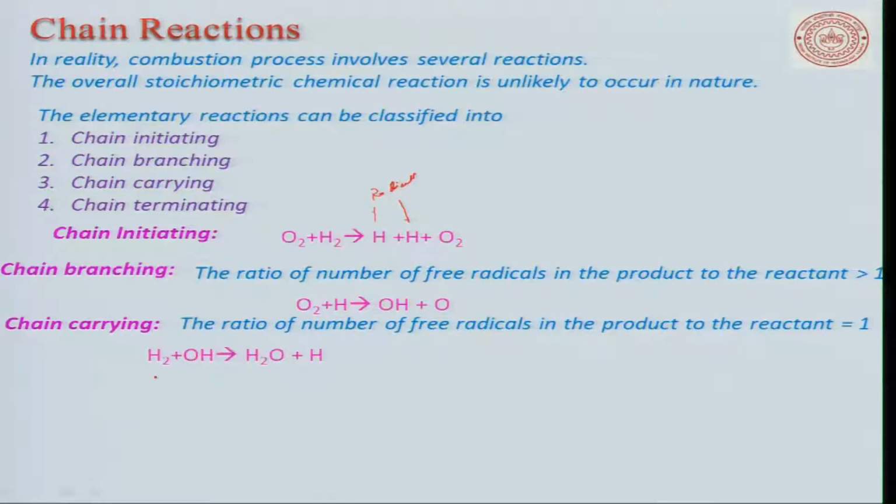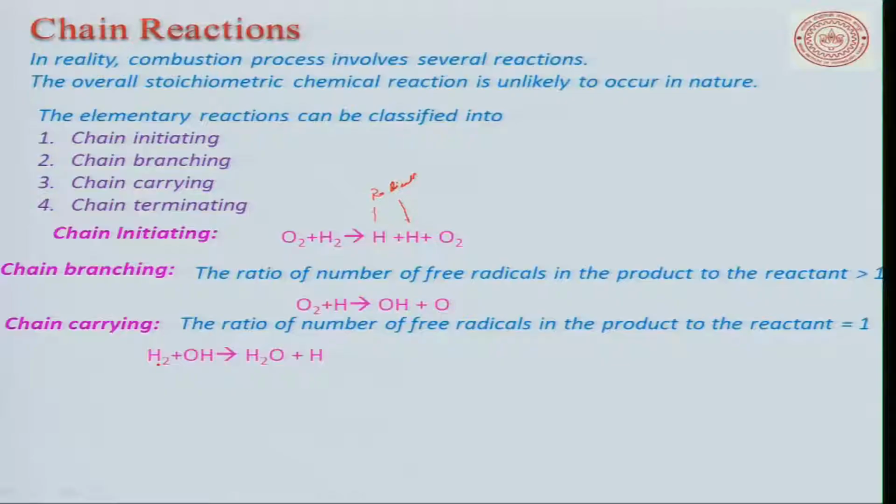In this example, hydrogen reacting with OH going to water and H, the right hand side has H as 1 radical, and the left hand side has only 1 radical, and the other two are stable species.